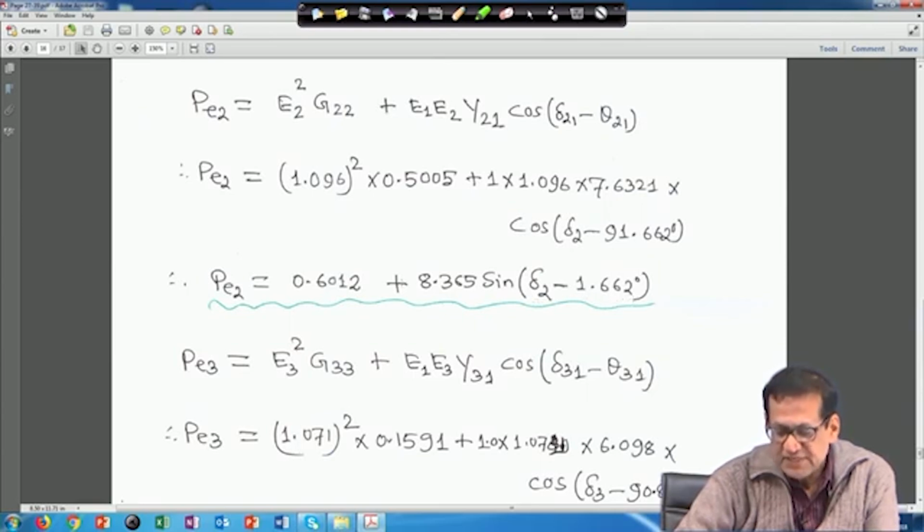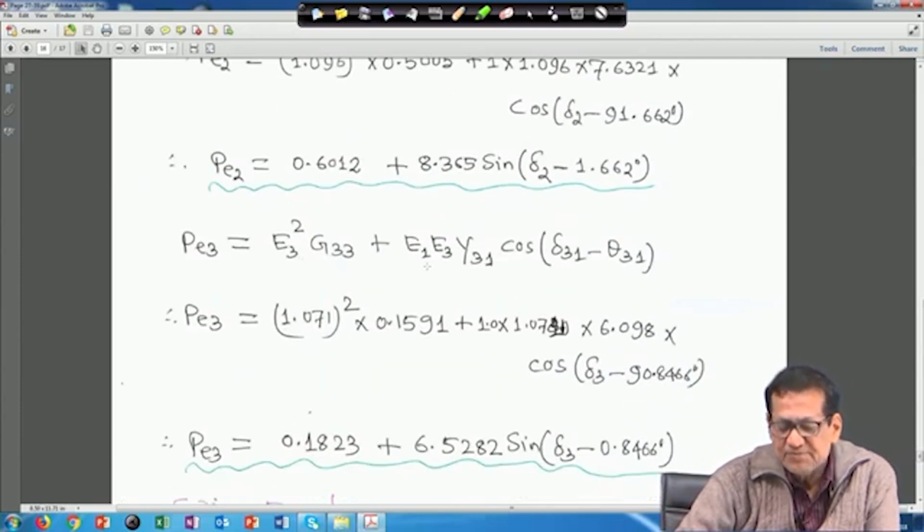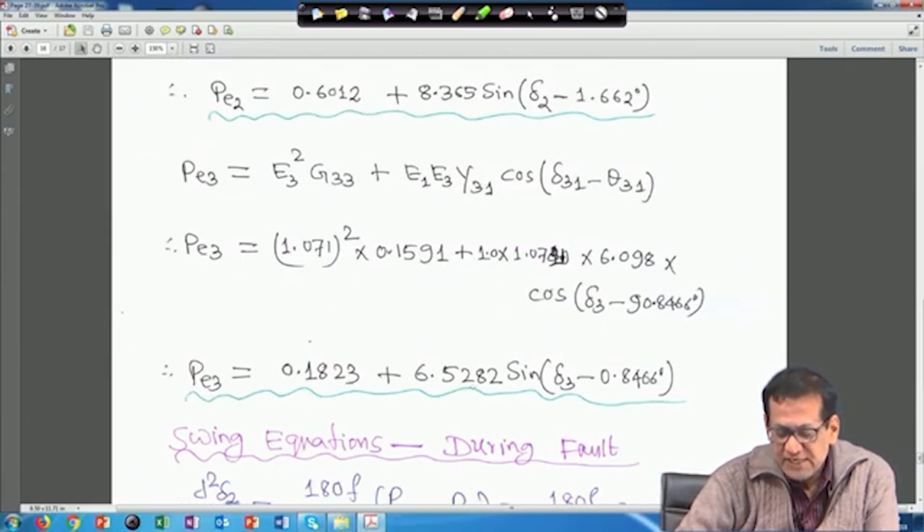Similarly, P3 is E3 square G33 plus E1 E3 Y31 cosine of delta 31 minus theta 31. Substituting all these values, you will get 0.1823 plus 6.5282 sin of delta 3 minus 0.8466.